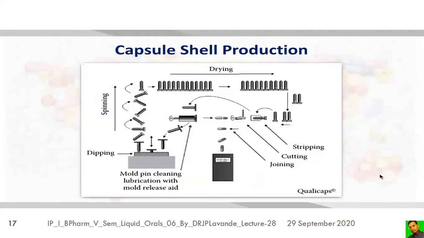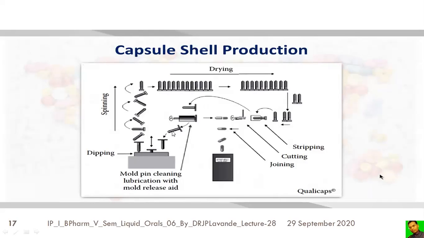This particular picture explains the overall process of capsule shell production. The process begins with the pins, as you can see. These pins have a semi-spherical shape, they are made of steel, and they are mounted. Then the mold pins are cleaned and lubricated with a mold release aid, so that the molded material can be released.